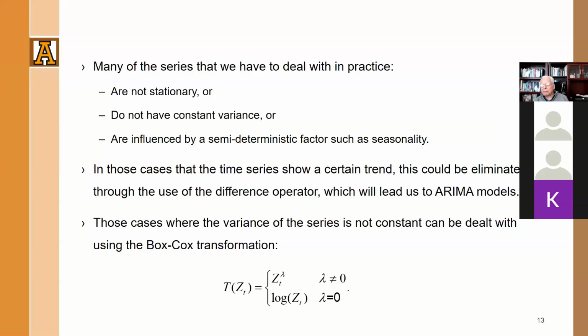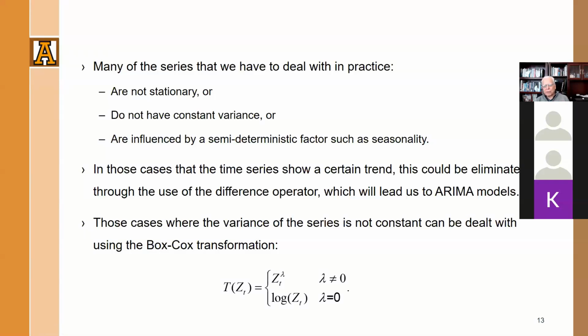We already mentioned that when we have an adaptive polynomial trend in our series, we can correct that by taking differences. We'll go deeper into that when we talk about ARIMA models. But we still have to deal with the problem of non-constant variance.